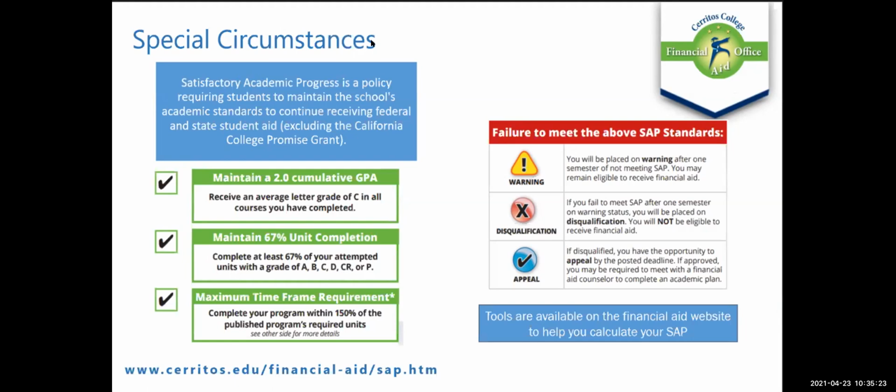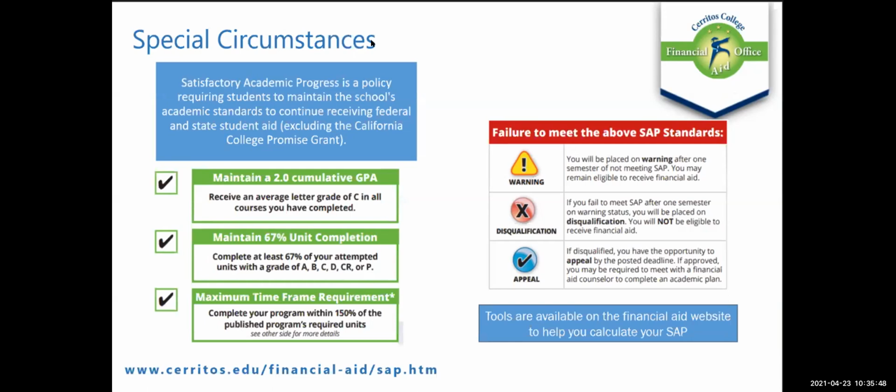You would still get your financial aid for spring. But if you don't get your GPA over 2.0, your unit completion rate over 67%, and your maximum time frame in line, you're going to be put on disqualification. Then in fall, when you're on disqualification, you would not get your financial aid anymore.